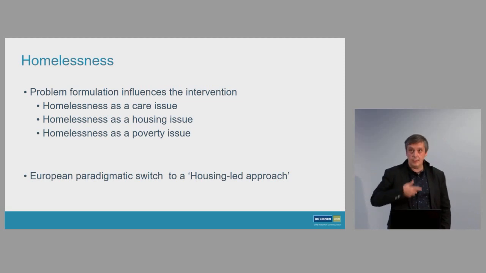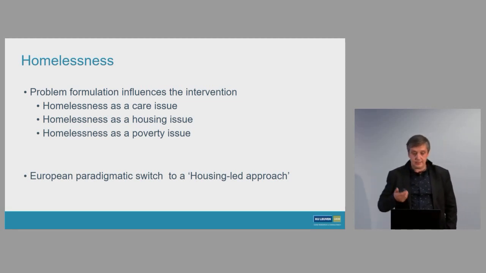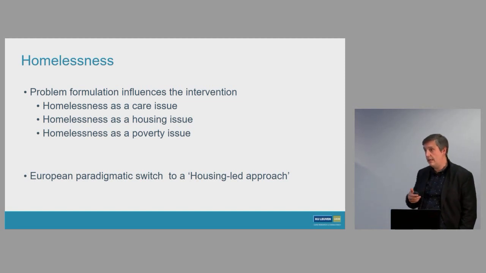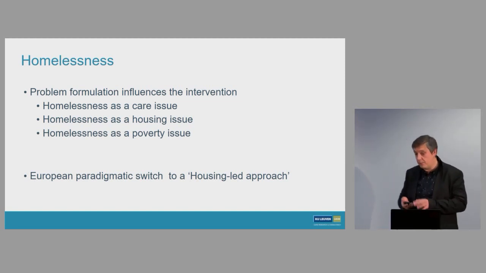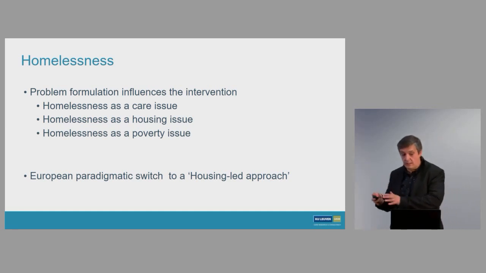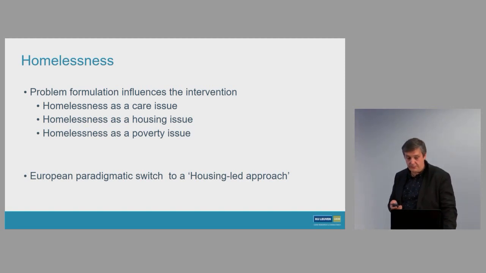In the past, and in a lot of different countries, for instance the Netherlands, they define homelessness as a care problem. They talk about care avoiders, and what we need is more specialized care, focusing on the psychiatric and addiction problems of homeless people.